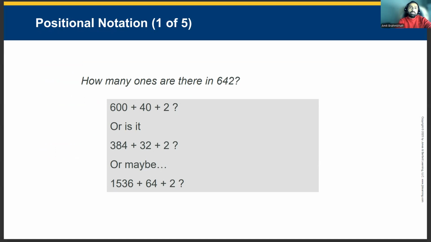Positional notation. How many ones are there in the number 642? The answer depends entirely on the base of the number system being used. In base 10, 642 represents 6 hundreds, 4 tens, and 2 ones. But if we change the base, those same digits can represent something very different.